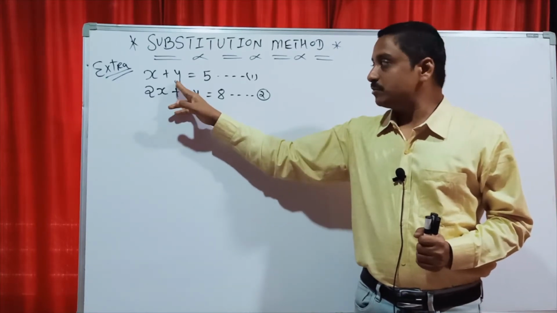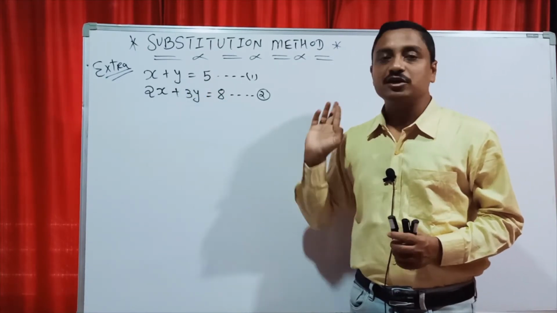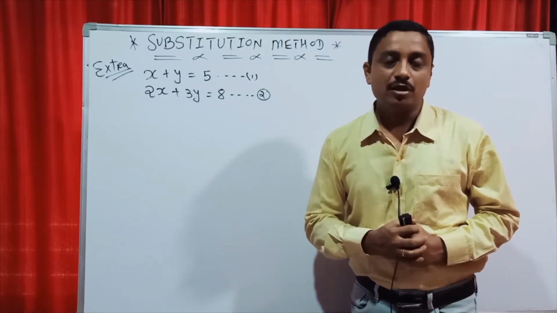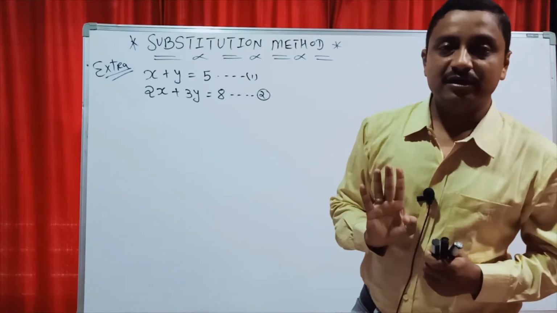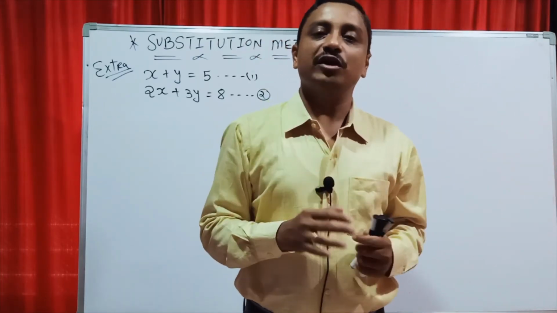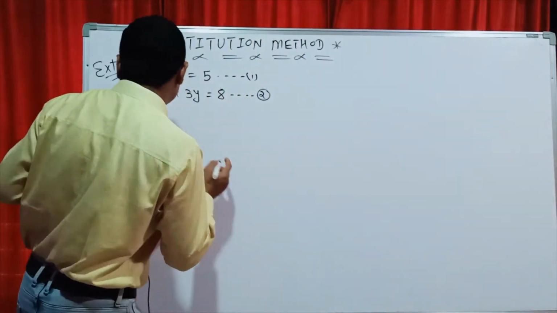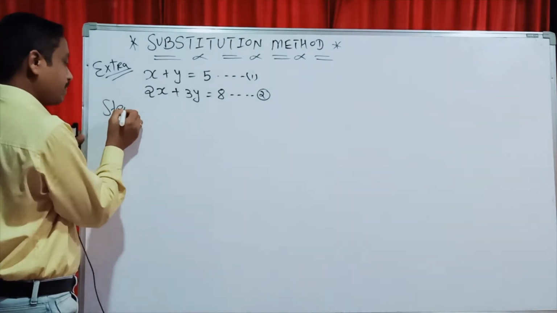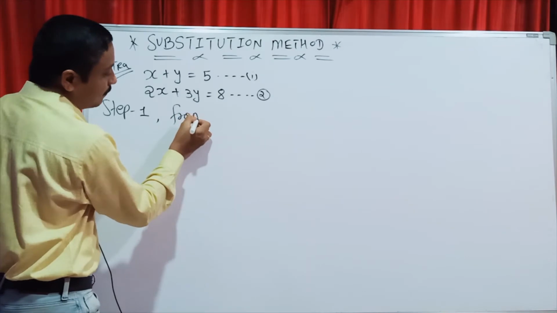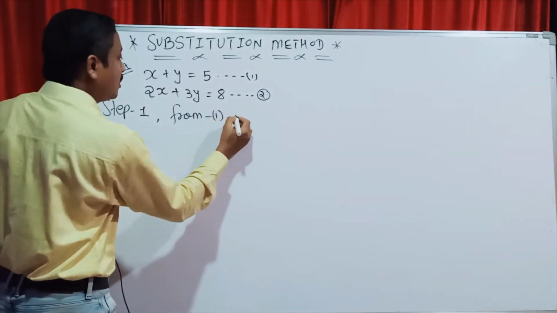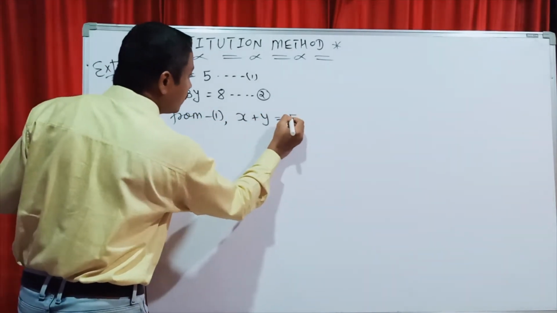Extra question: x plus y equal to 5 and 2x plus 3y is equal to 8. So these two equations, you can start by either the first or the second. Both ways I explain one by one. First of all, in my first step, I utilize the first equation. From 1, x plus y is equal to 5.